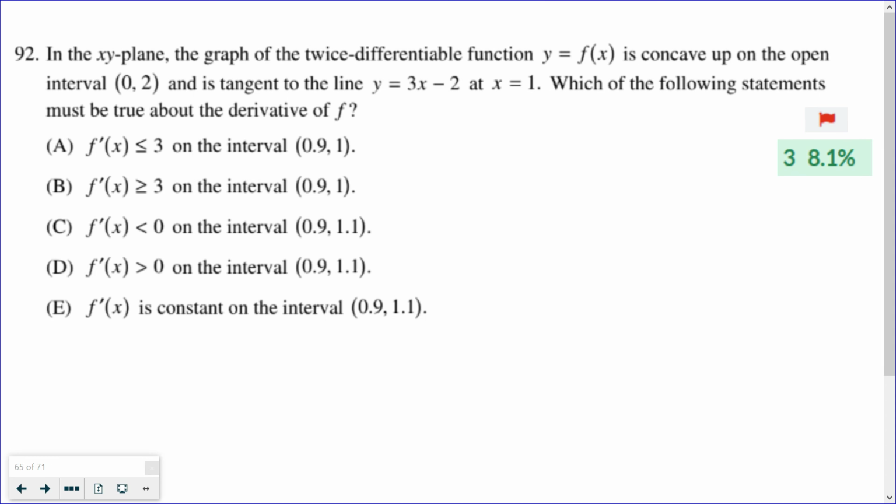You almost could use the fact that don't guess C. I don't know, it could be right. I better do it, make sure I can get it right. The important words here are must be true.